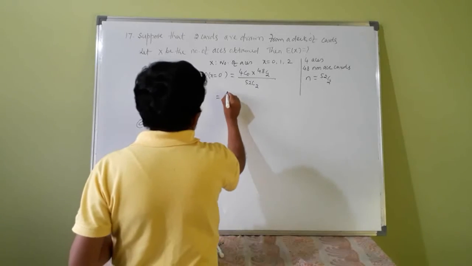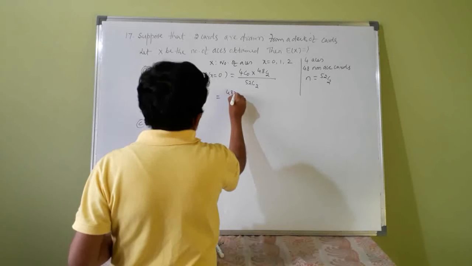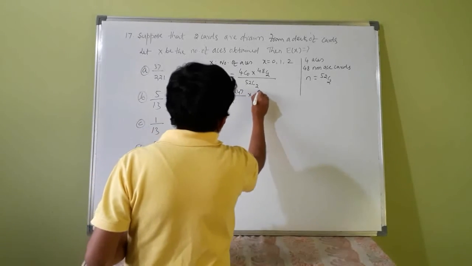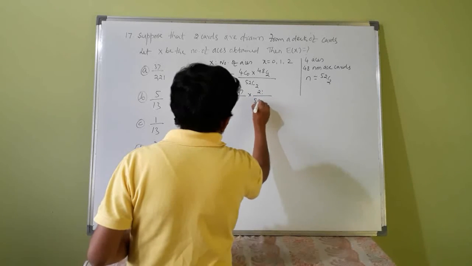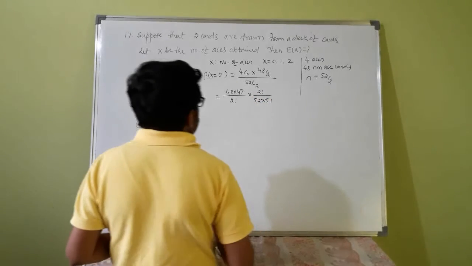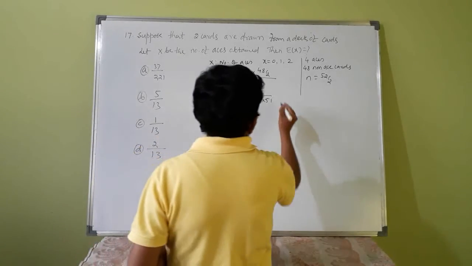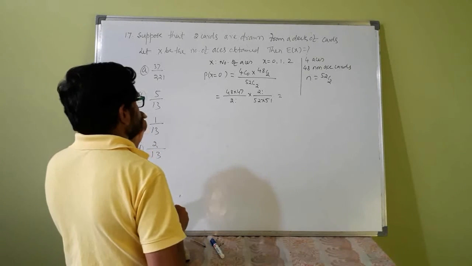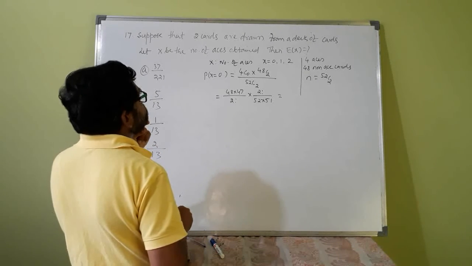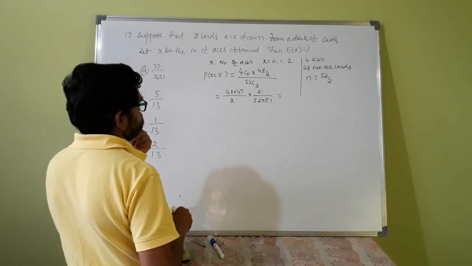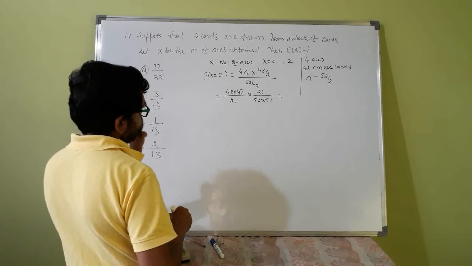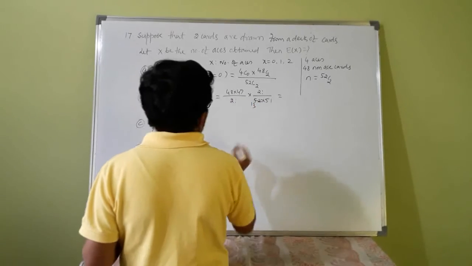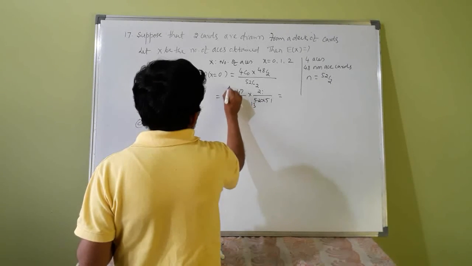It is 48 into 47 divided by 2 factorial, divided by 52 into 51 divided by 2 factorial. Okay. So how much you find that? This is 13, 4 13s, 4 12s.